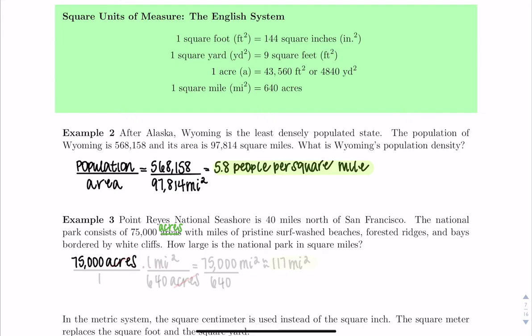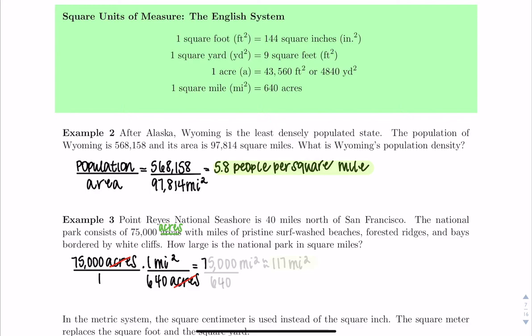So we have 75,000 acres. And we're going to use dimensional analysis to go from acres to square miles. And so there is 640 acres in 1 square mile. So we've got 1 square mile on top and 640 acres on the bottom. The acres essentially cancel.